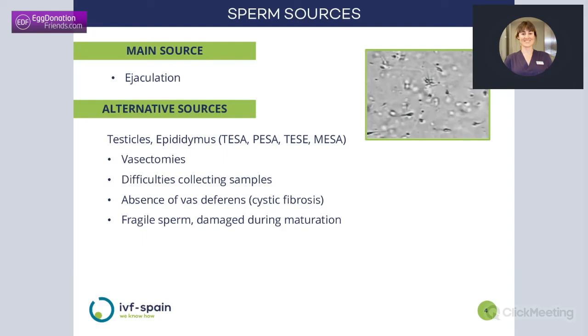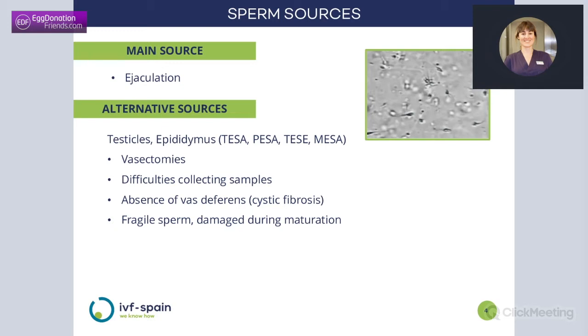On the other hand, something else that might be helpful to know for some patients is that there are alternative sperm sources to the main source, which is obviously ejaculation. So for some patients, it might be preferable or necessary to use alternative sources. These alternative sources are the testicles and the epididymis.